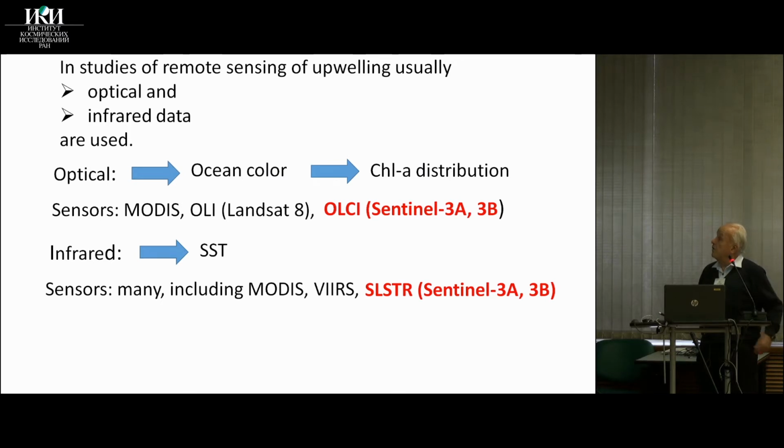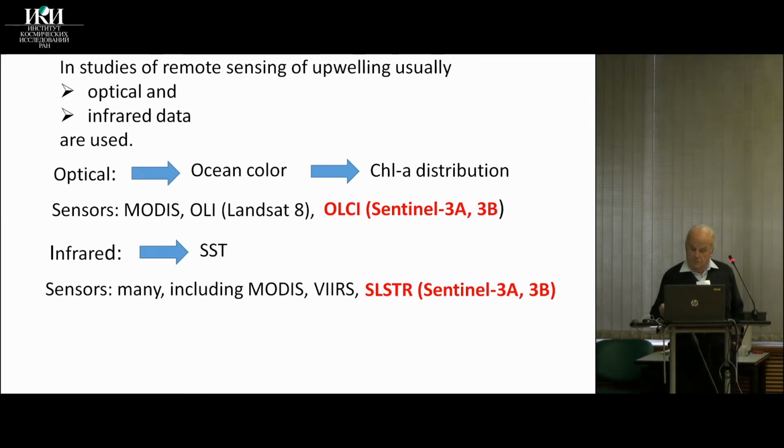OLCI sensor on Sentinel-3. There are two Sentinels flying right now, and they are very good, with high resolution, to retrieve the chlorophyll distribution. And on Sentinel-3A and B there is also an SST sensor, which also has a high resolution.